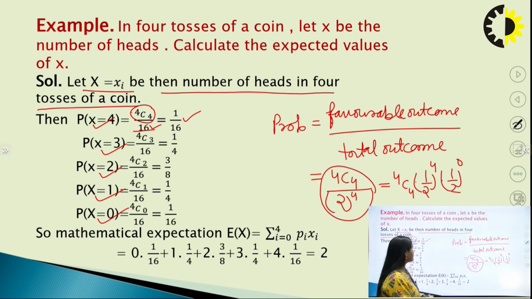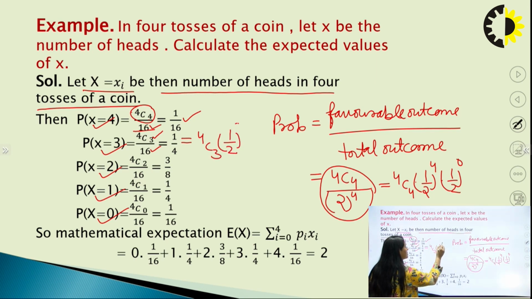And similarly, if we want that head comes 3 times out of 4 tosses, then the same will become 4C3 upon 16. 16 comes from 2 to the power 4. Again, we can write it as 4C3 into 1 by 2 to the power 3 into 1 by 2.